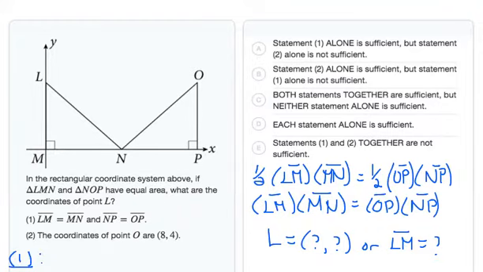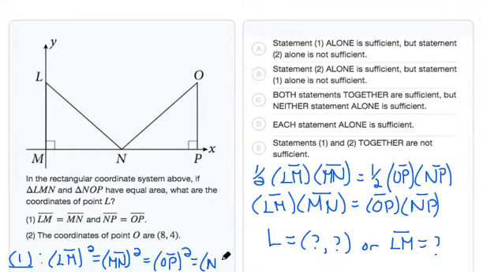For statement 1, it's given that LM equals MN and NP equals OP. So we can conclude that LM squared equals MN squared, which equals OP squared, which equals NP squared.